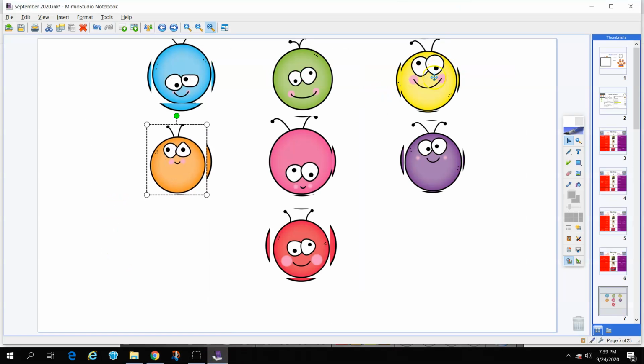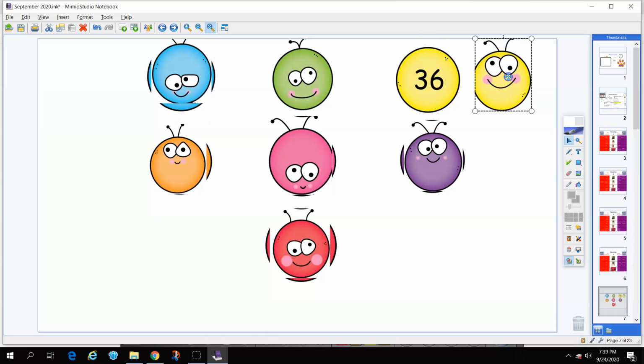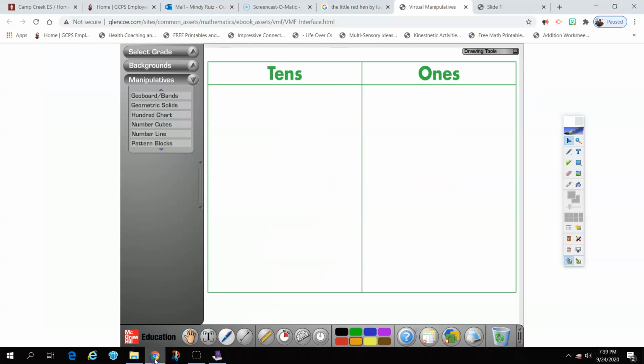Let's do yellow. Yellow is 36. What's the first thing I need to do? I need to write the numbers so I know how many tens and how many ones. So I'm going to write 36. Okay, go ahead and draw your tens. Did you draw 3?